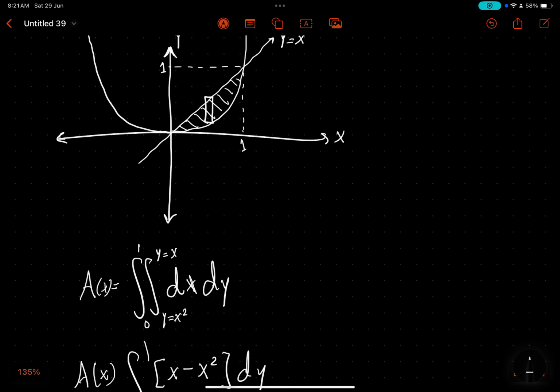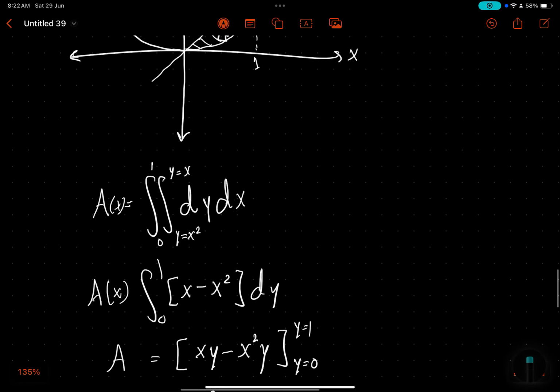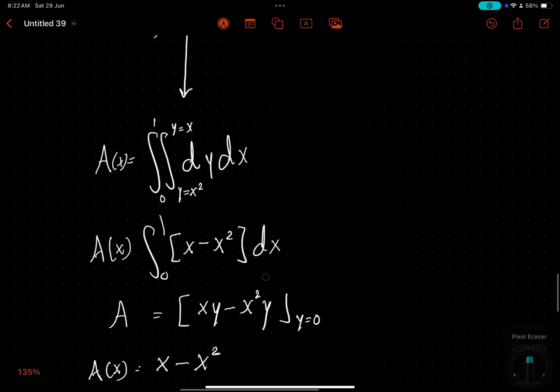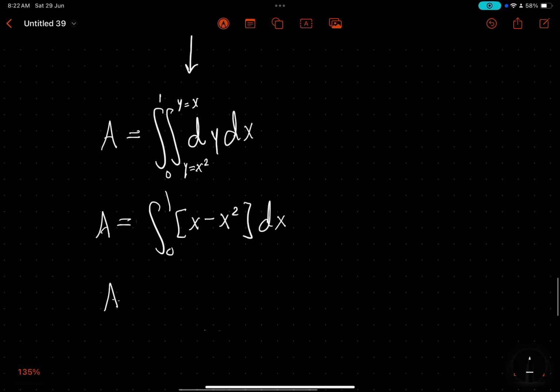My issue is that I did dx before dy. So now basically I'm gonna do this and then I'm gonna evaluate with respect to x. Okay, so now we get a more precise answer. And it's not with respect to y, it's just x. And this is just the area bounded by our two curves.